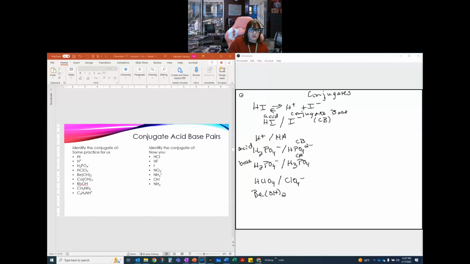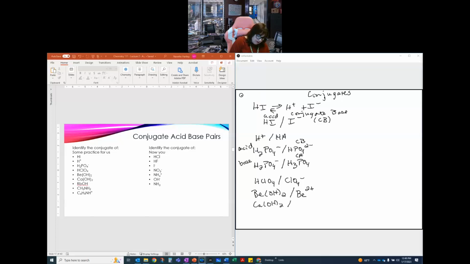And that OH minus can pick up a proton from somewhere else, and that's why it's a basic compound. But it's what's left after we donate that OH that I'm looking for in terms of the conjugate. Okay, so it's what's left after it does whatever its action is. So that's going to be a Be2 plus, and I know it's a 2 plus because I have two OH minuses on it. So Be2 plus is what I'm looking for there.